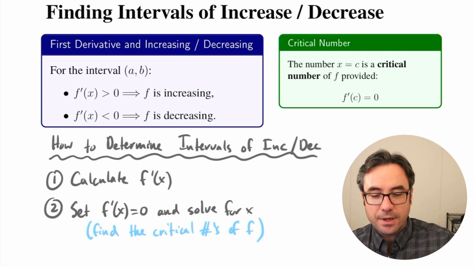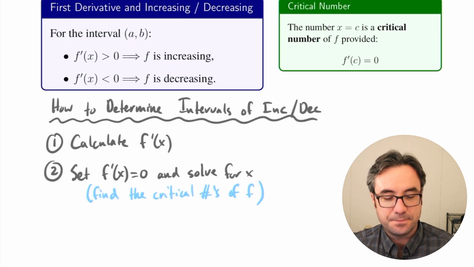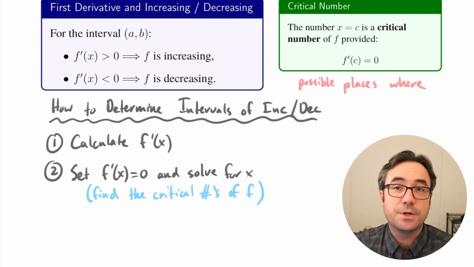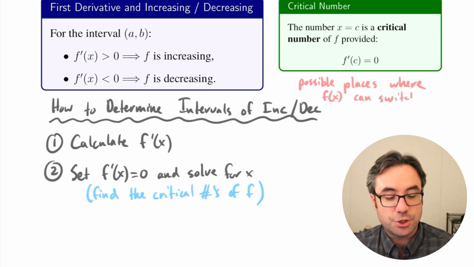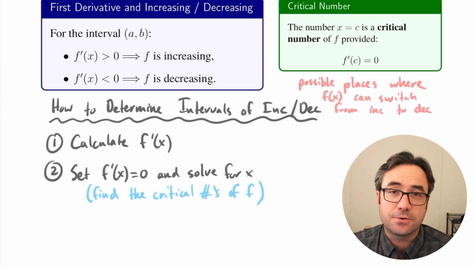So these critical numbers are the possible places where the original function can switch from increasing to decreasing, or the opposite, from decreasing to increasing.